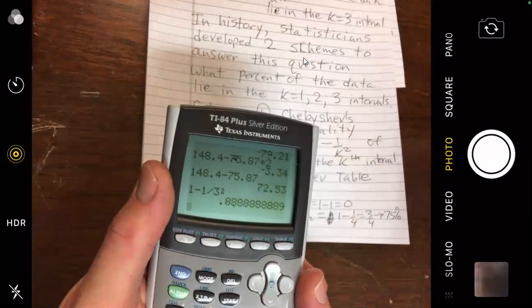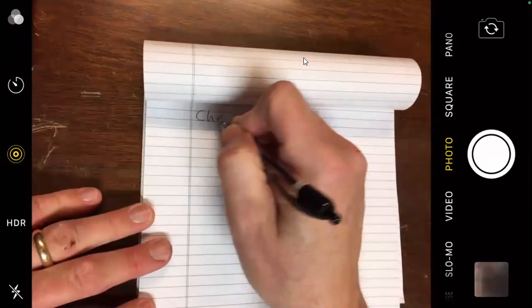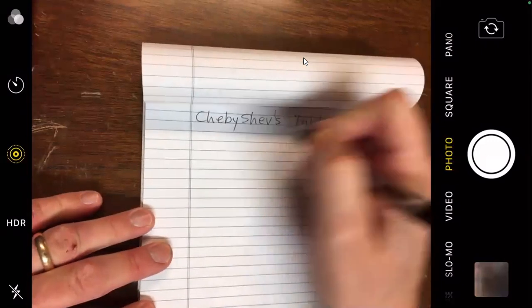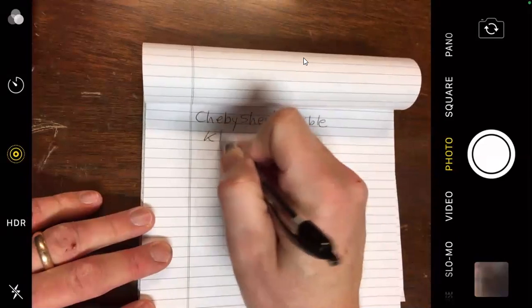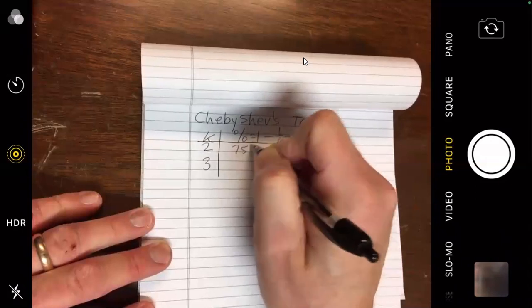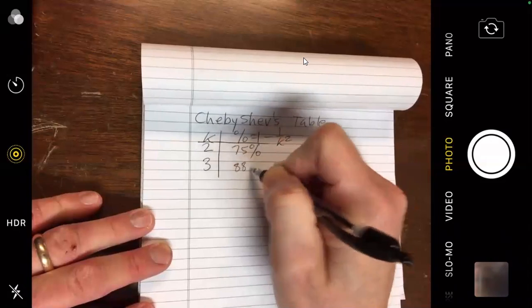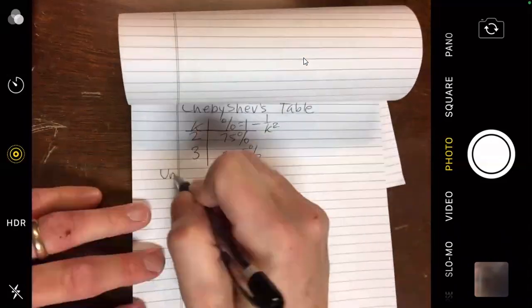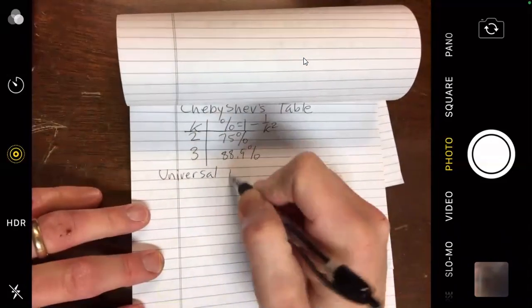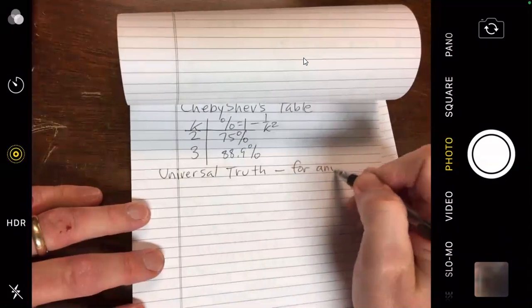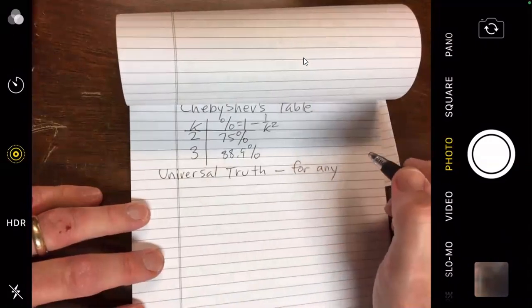I went too fast. Let me redraw the table and we'll explain what this means in plain English. Chebyshev's table: use 2 and 3, the percent, 1 minus 1 over k squared, 75% and 88.9%. What this means in plain English is that it is a universal truth for any random set of data.